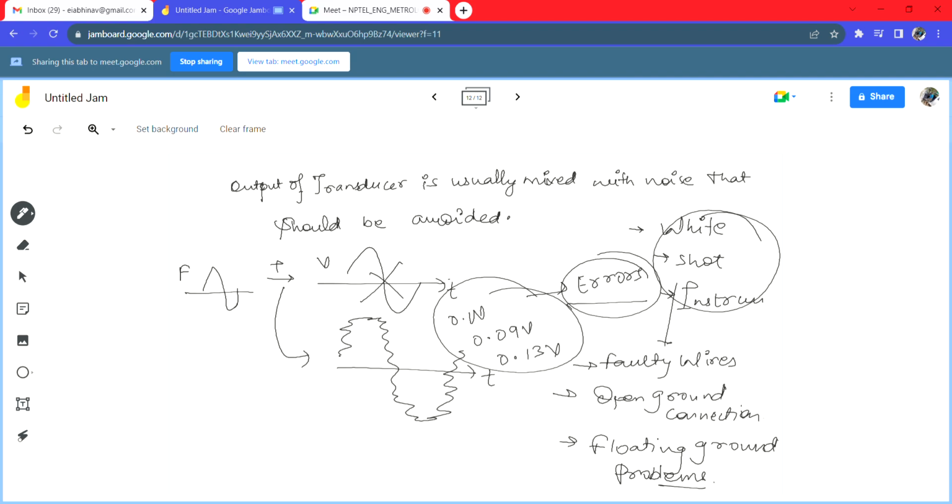There can be a lot of problems because of this noise that is generated over here. So instead of getting a sharp signal like this, we get a distorted signal like this. So our important step is to remove this distortion due to system generated noises.